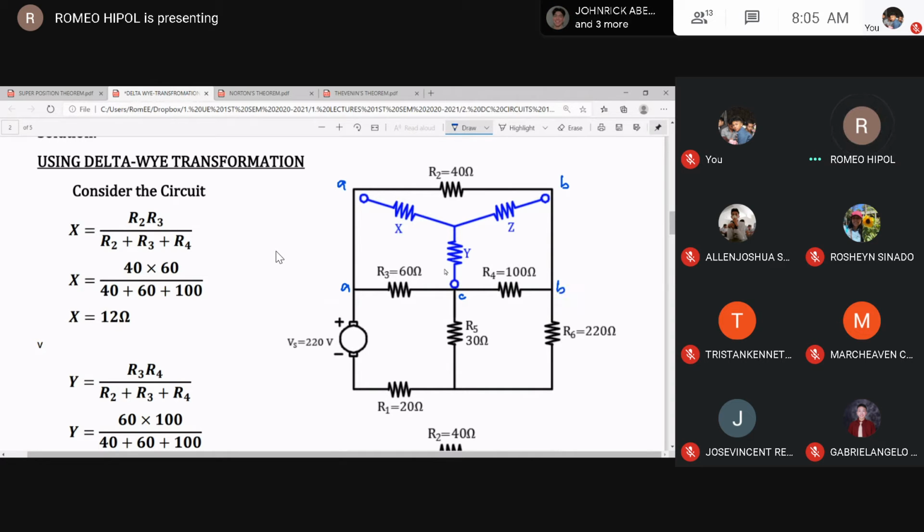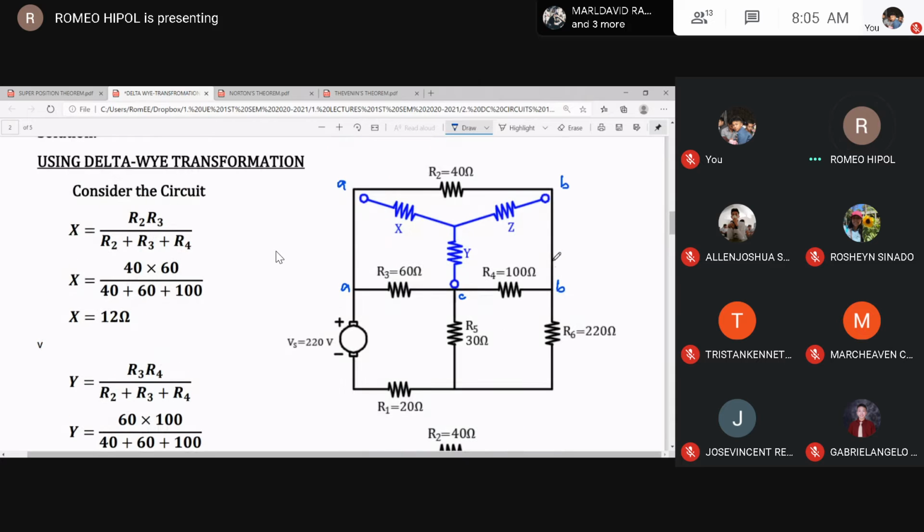Naintindihan? So, ito mas effective to. Kasi minsan, in terms of transformation, nagkakaroon ng confusion. Kasi may mga resistor na nawawala, may mga resistor na dadagdag. Para hindi kayo malito, mag-set kayo ng terminal.